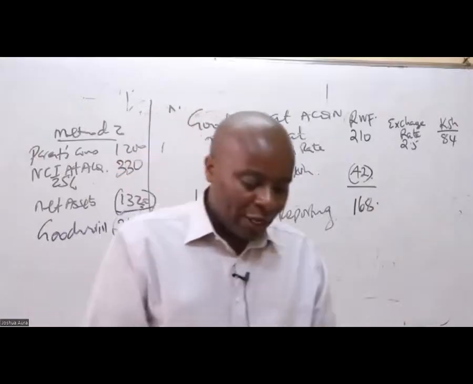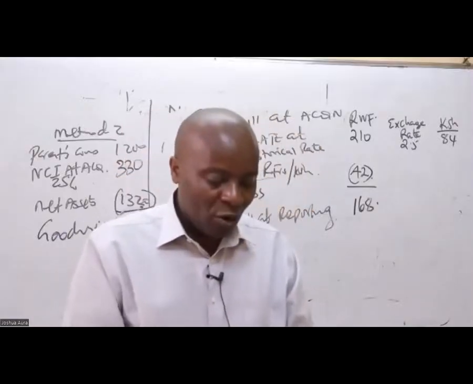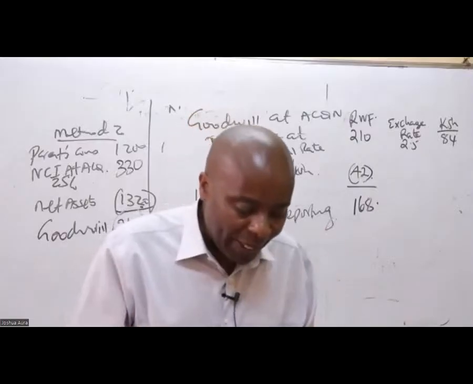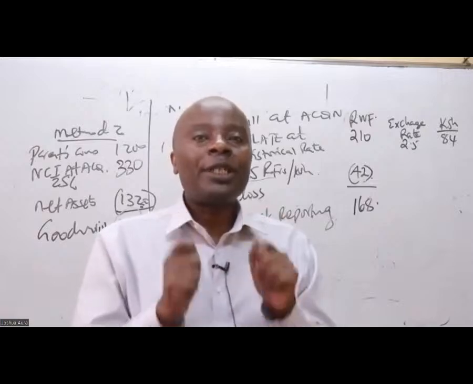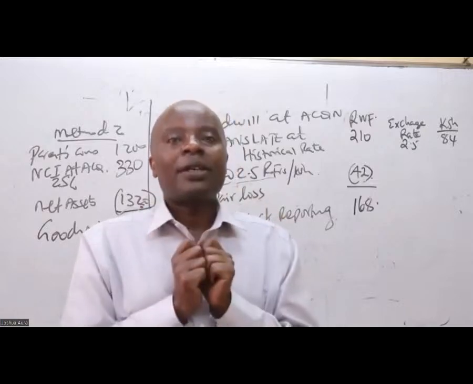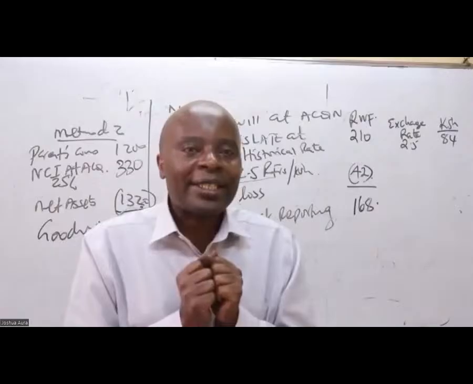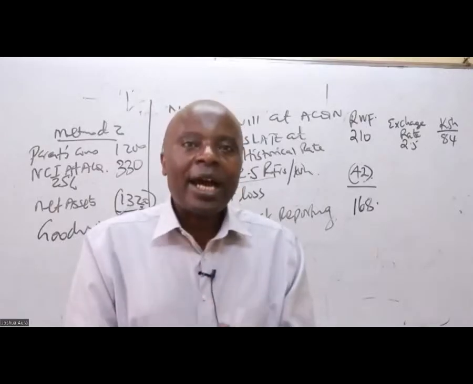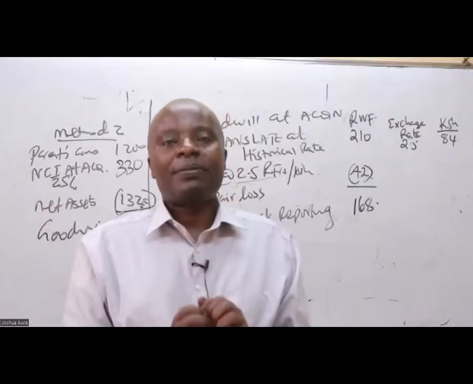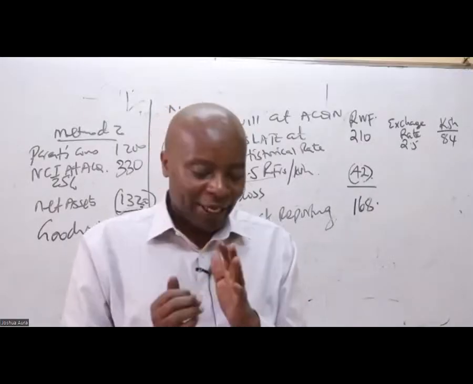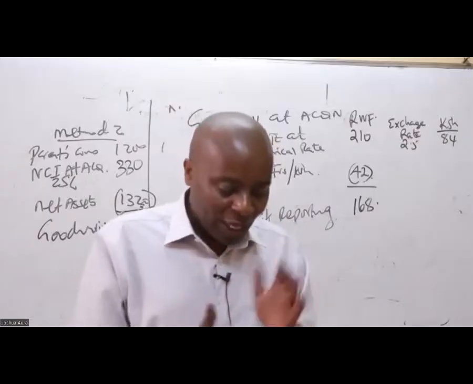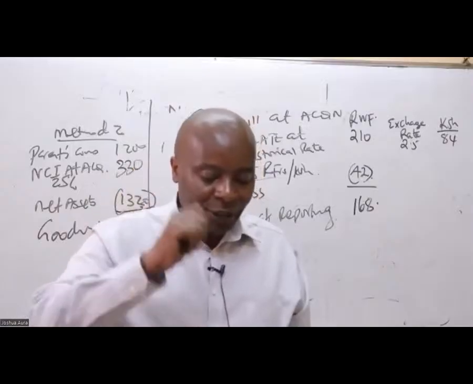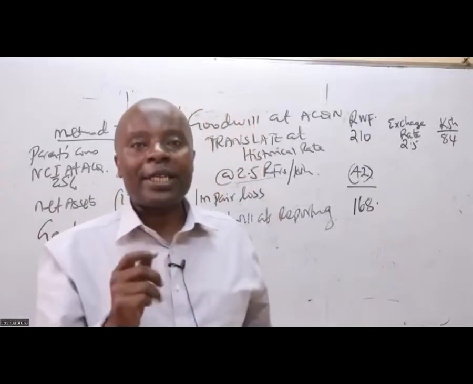Now, I would want you to do me a favor. I would want you to outline 4 disclosure requirements for a reportable segment under IFRS 8. I repeat again, outline 4 disclosure requirements for a reportable segment under IFRS 8.